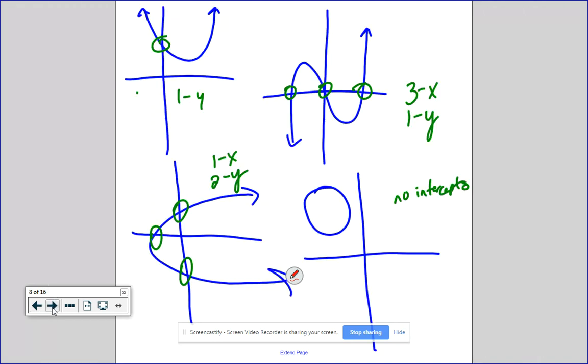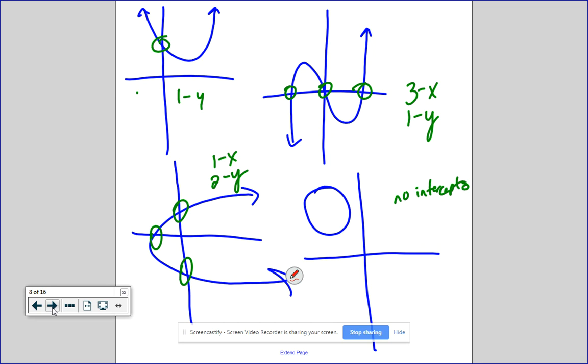Okay, so if we look at, now, you don't have to sketch these, I'm just making sure you understand intercept concepts. So this one has 1 y-intercept, it has 0 x-intercepts. Can we agree with that? It never crosses the x-axis. This one, 3 x-intercepts, 1 y-intercept.